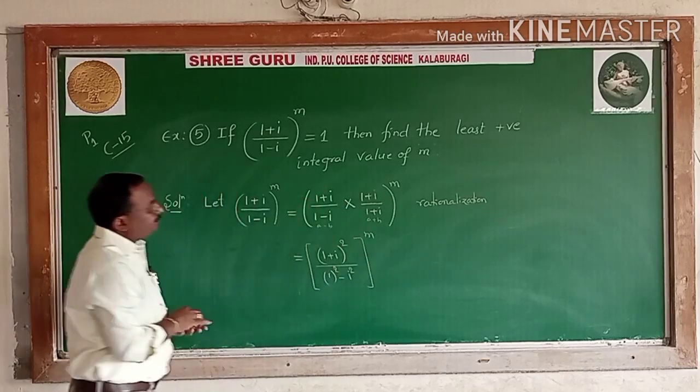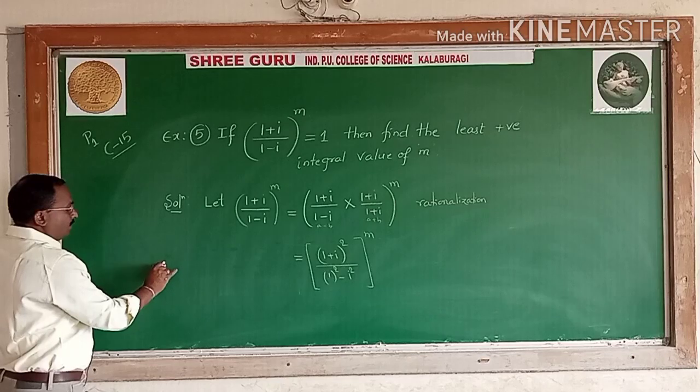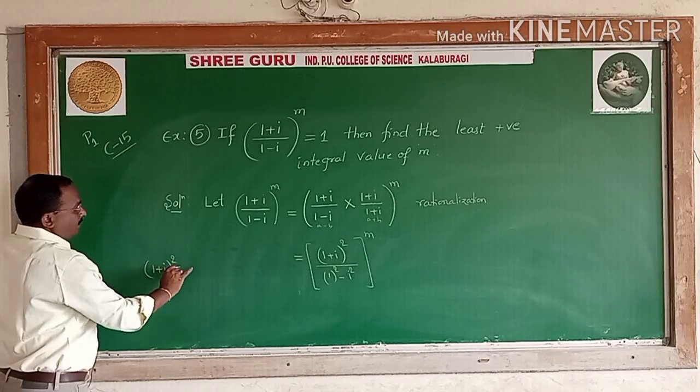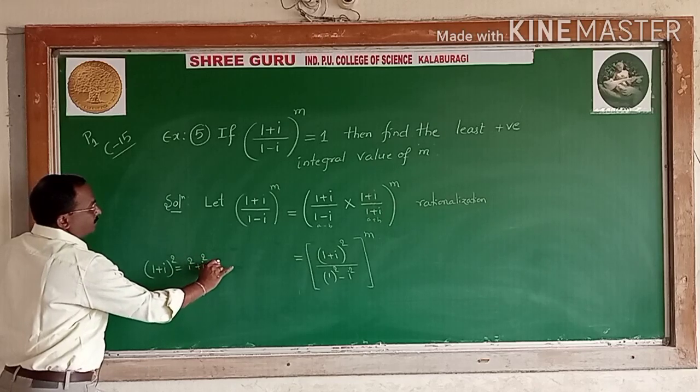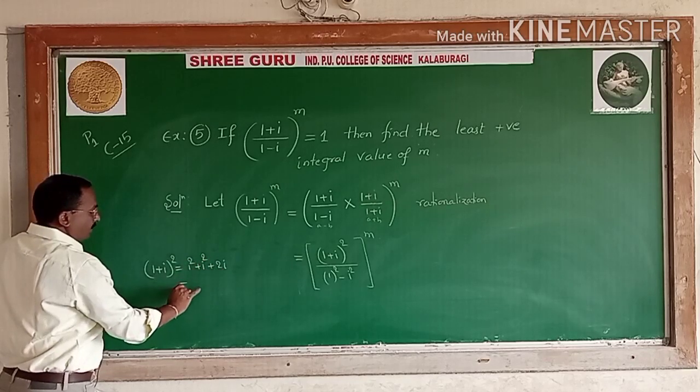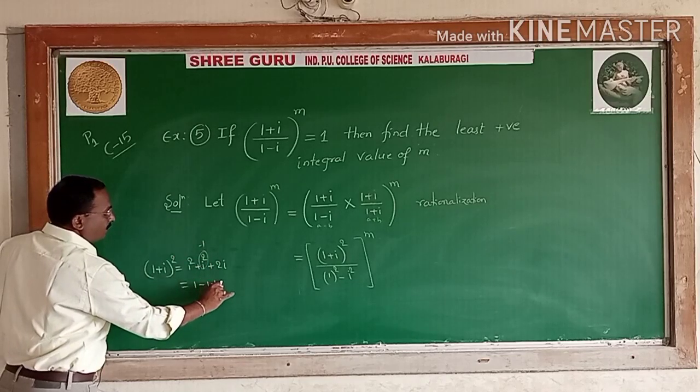Next, 1 plus i whole square can be written as a square plus b square plus 2ab. I square value is minus 1.